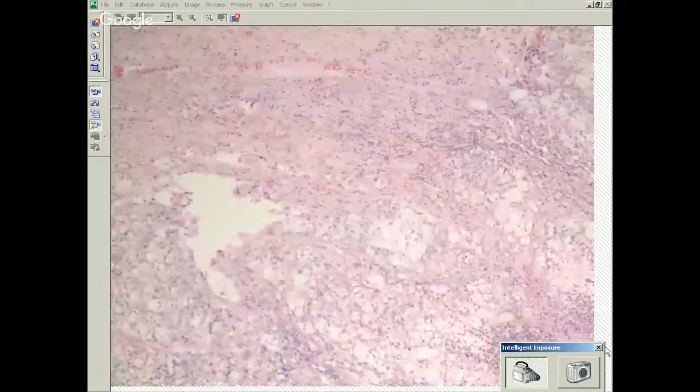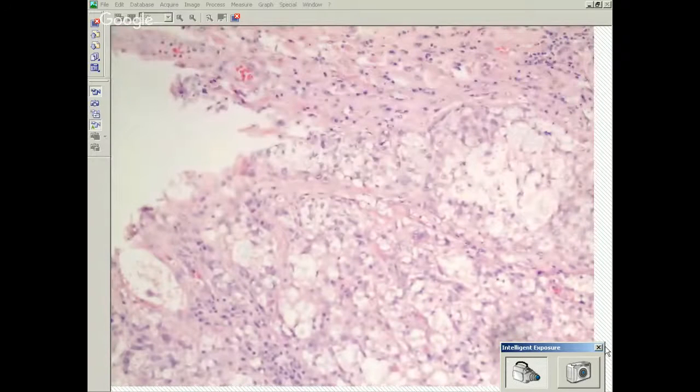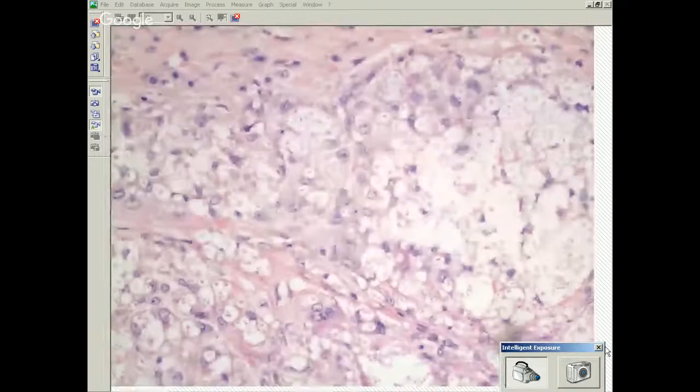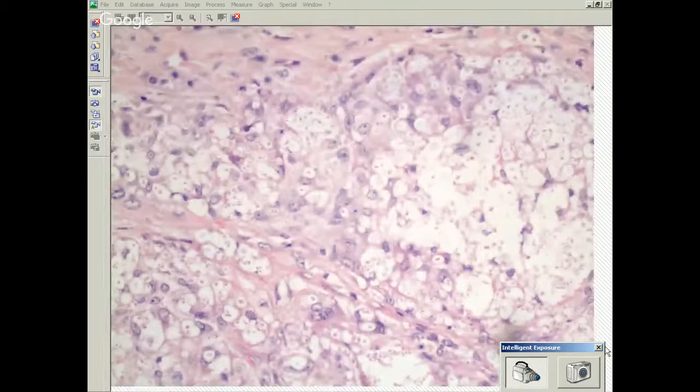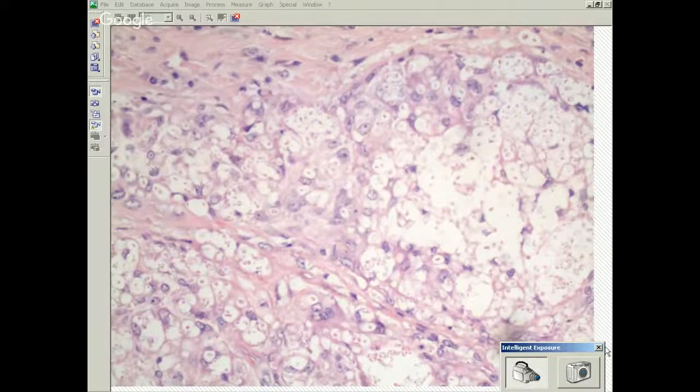If you look on higher power, there's something inside these histiocytes. Yeah, so she has this fungal infection. So you're thinking some sort of fungal infection, maybe histoplasma. Why histoplasma? The size. Right, it's the right size for histoplasma, yeah.